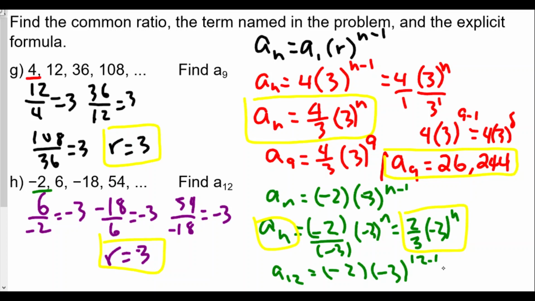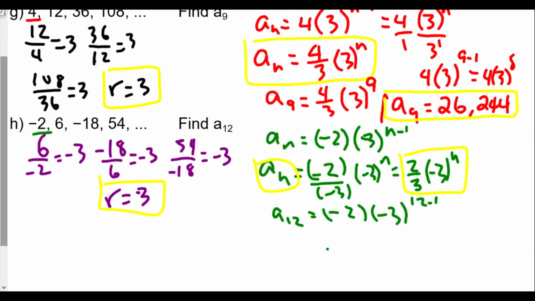All right, and so in this case, we'll take -3 raised to the 11th power, and we get -177,147, and then multiply that by -2, and we get a positive number. This is a really big number here. 354,294, and that's your a12.